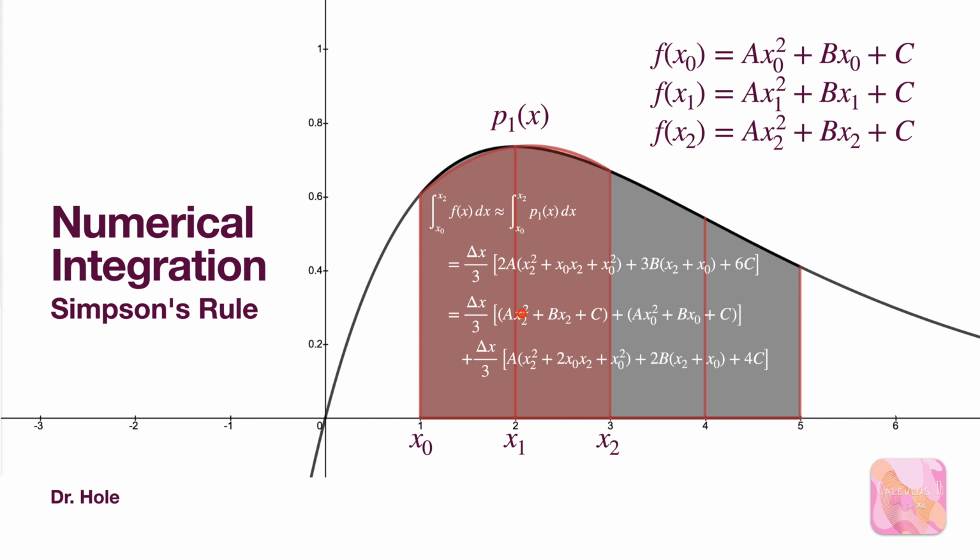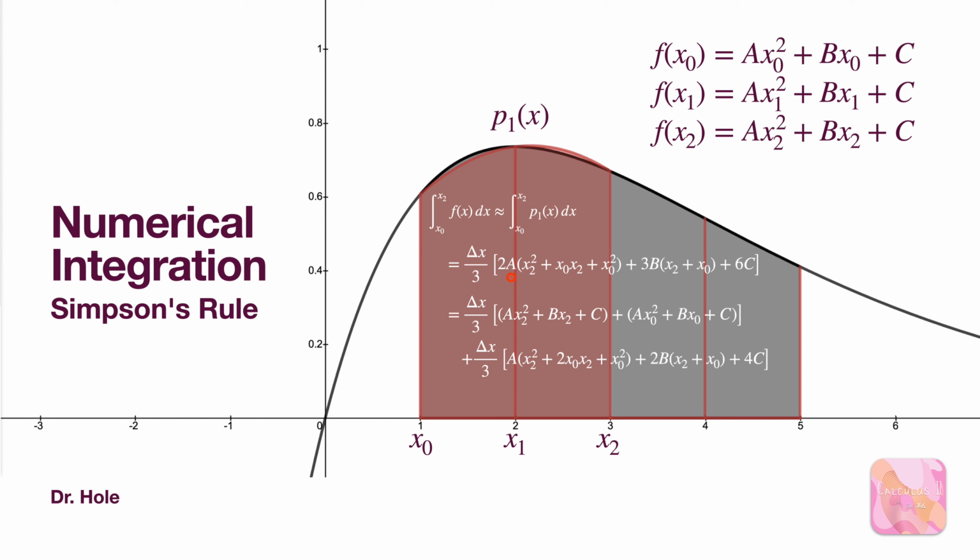X sub 2 quantity squared. Here's one, and then here's a second one. All right, 2a on this mixed term, x naught x sub 2, appears right here. And then 2 copies of a multiplying x naught quantity squared. Here we have 1 copy, and then here we have the second copy.